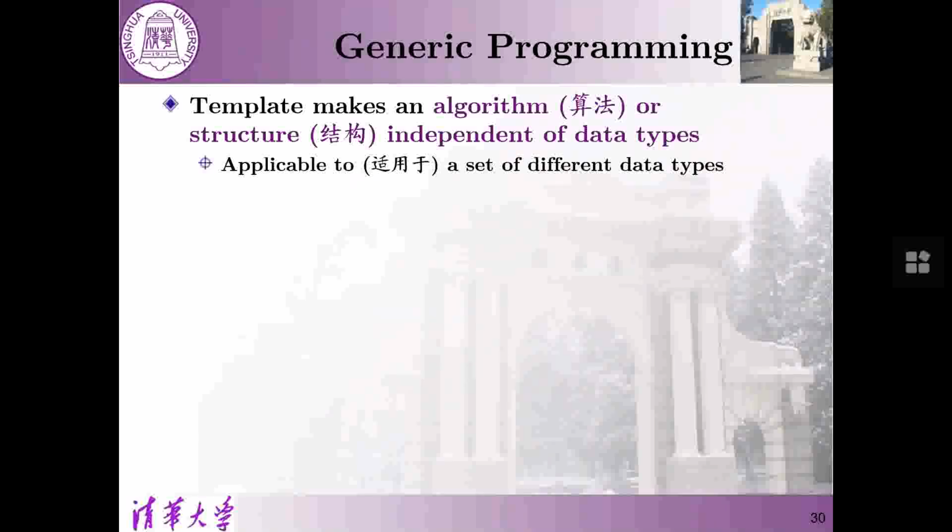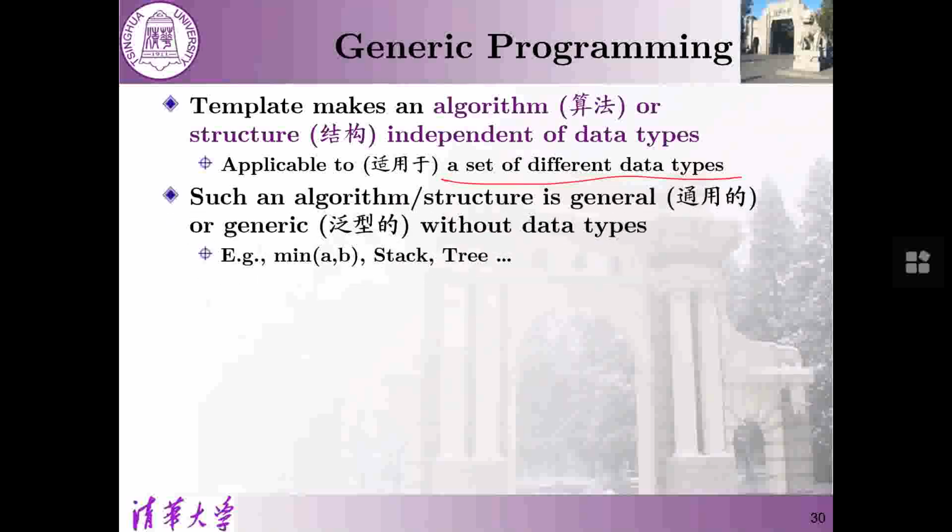In this way, our algorithm is generic. It is applicable to different data types. When we remove the data type, we can work for any data type. So this is the key idea of template. Such an algorithm or structure is general, or generic, without a data type.